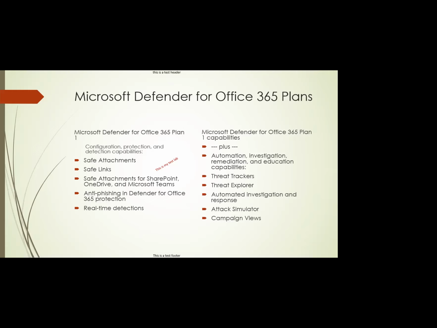For plan two, you have all of plan one, including automation, investigation, remediation, and education capabilities. Also, you have threat trackers, threat explorer, automated investigation and response, attack simulation, and campaign views. All these we are going to see in much more detail later on.